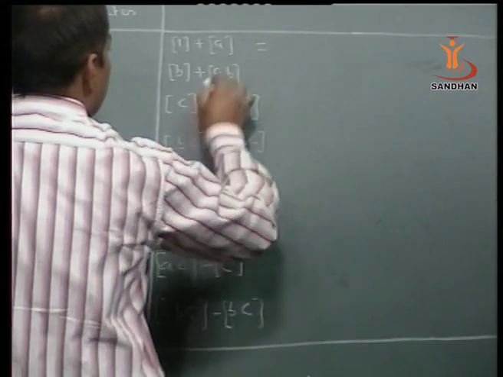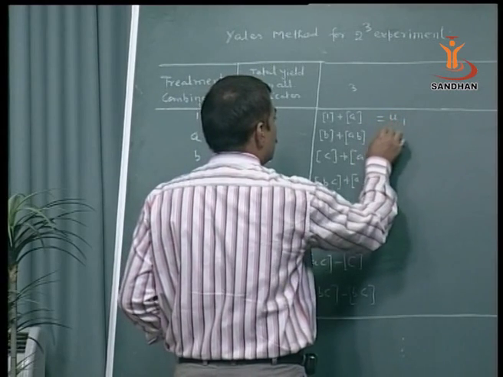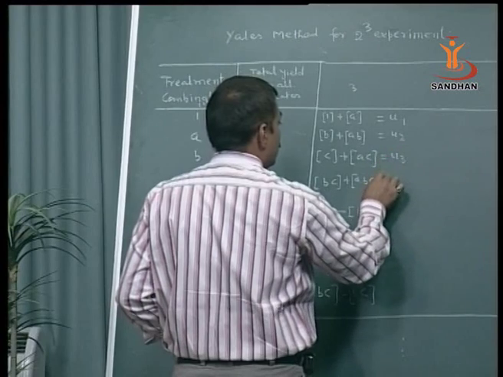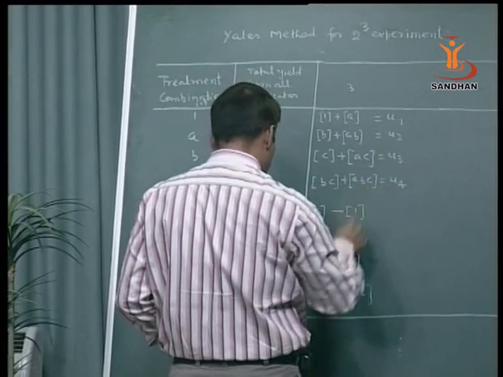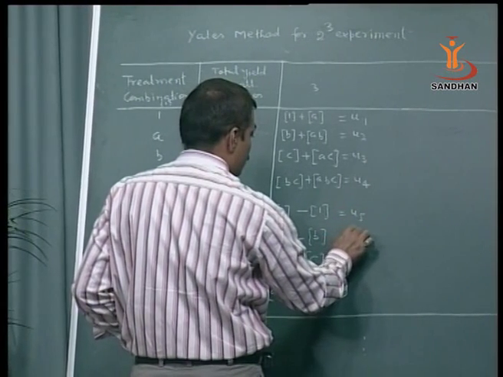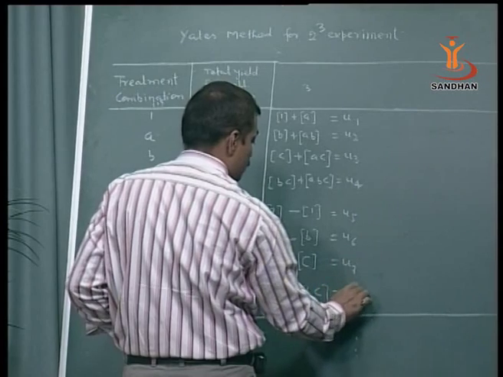Now for simplicity we call this U1, this U2, this U3, this U4, and up to U5, U6, U7, U8.